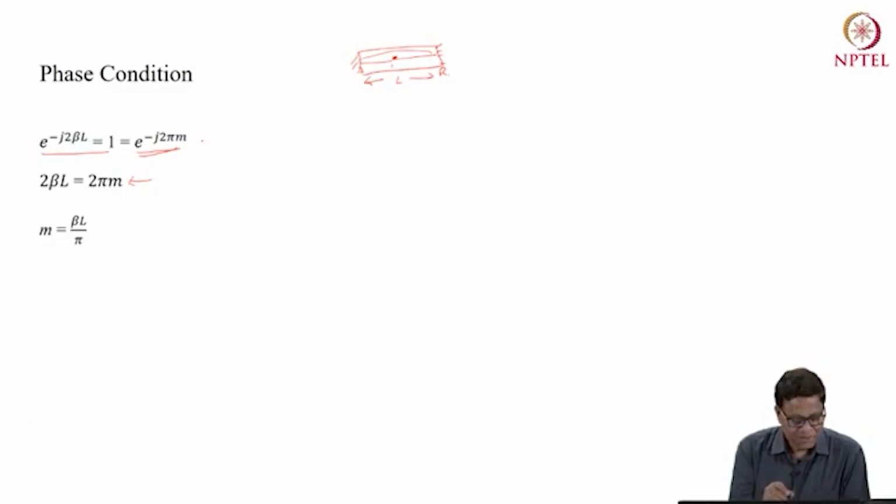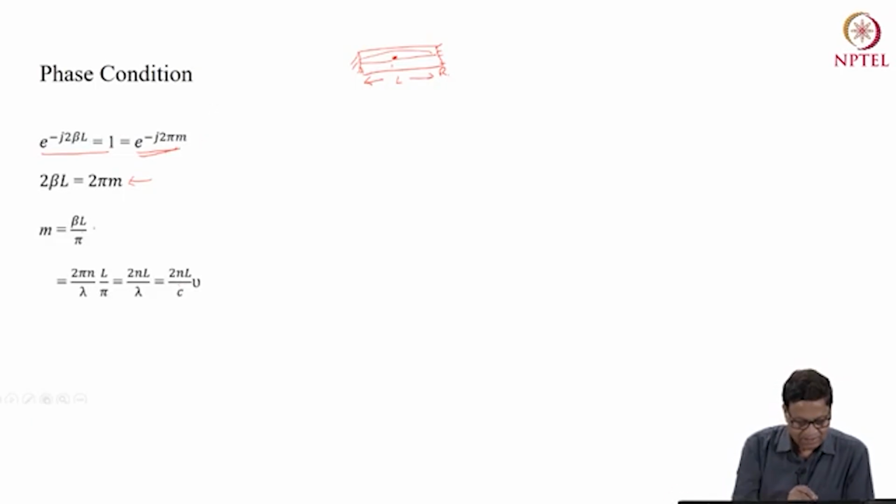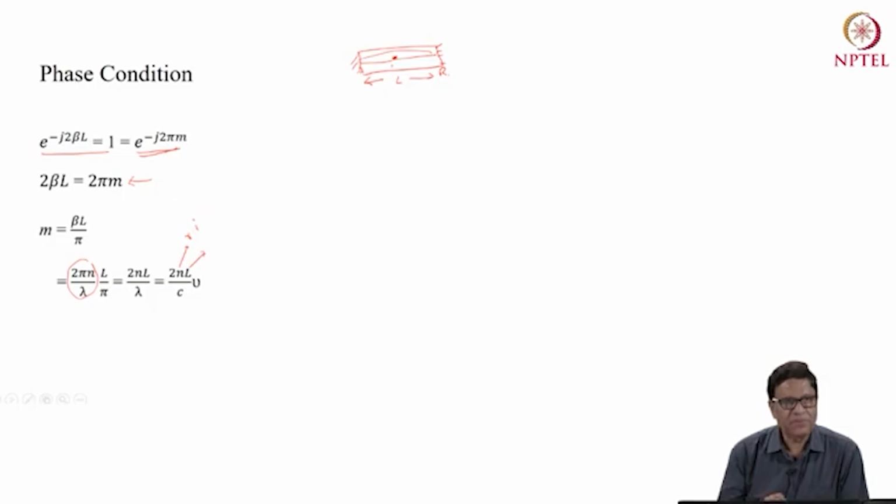I can write this a little more in the frequency form. Beta is 2 pi n by lambda, into L by pi. If you simplify, what you get is m equal to 2nL divided by c into nu, where L is the cavity length, n is the refractive index and nu is the frequency.